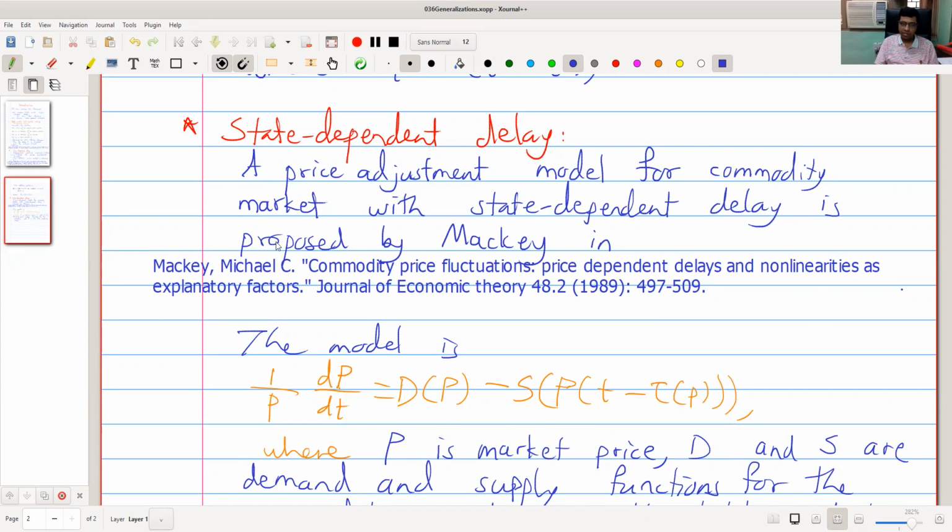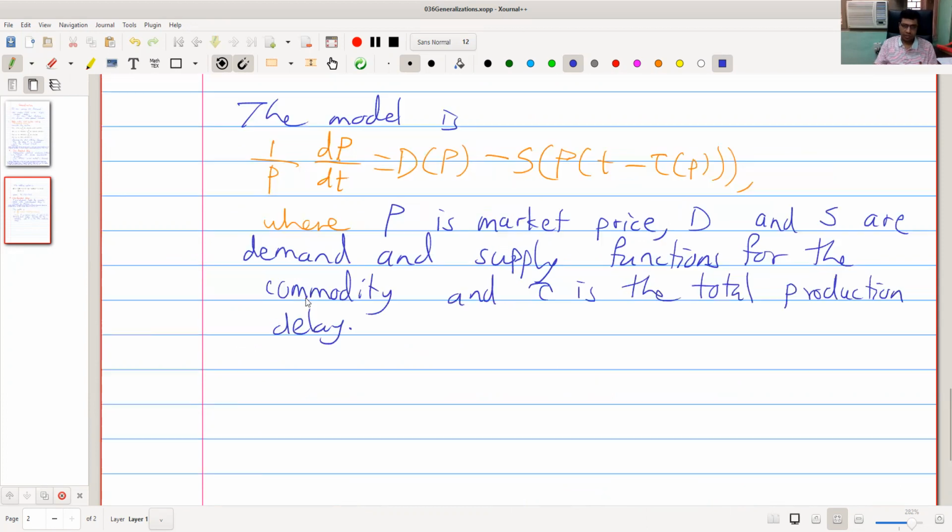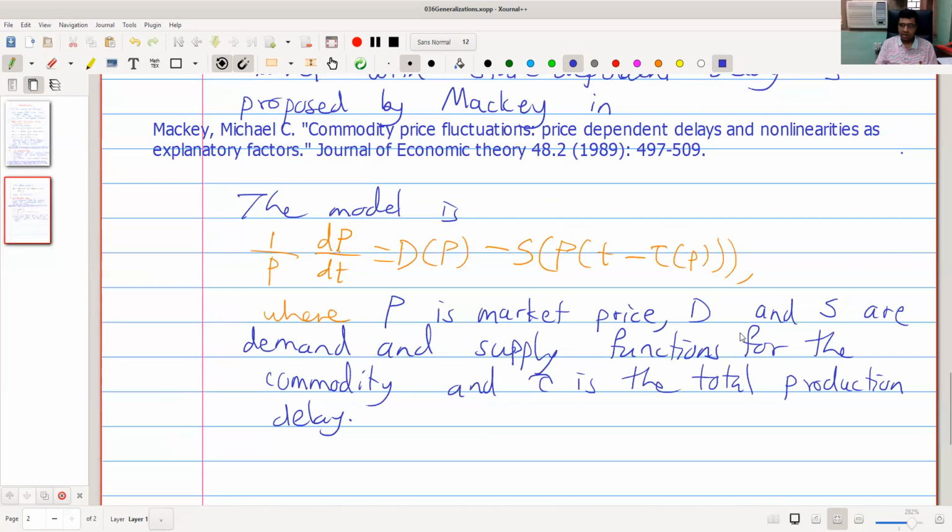This is a price adjustment model for a commodity market with state dependent delay. It was proposed by Mackey, and this is in financial mathematics. Here P is the market price, D and S are the demand and supply functions for the commodity, and tau is the total production delay. This tau depends on the production P, that is the state.